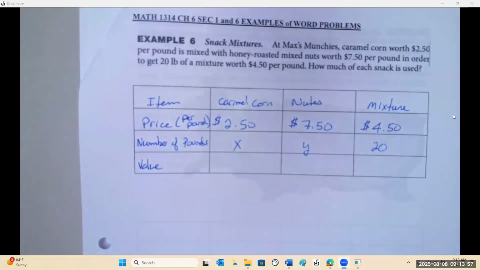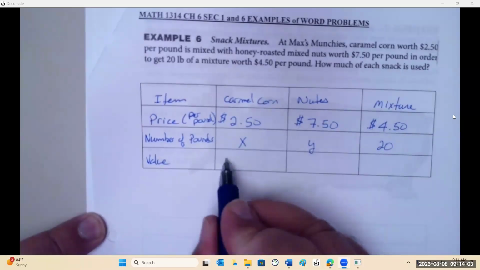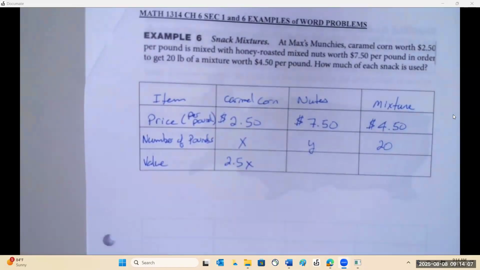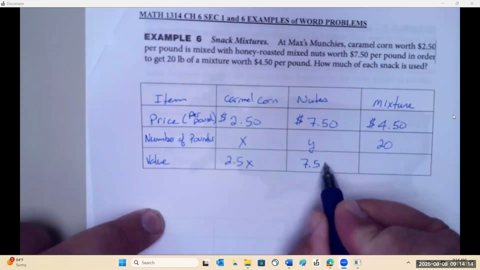Now here's the value of that mixture. So here we have caramel corn, which is $2.50 per pound, so it's 2.5x. And the next one is 7.5y.